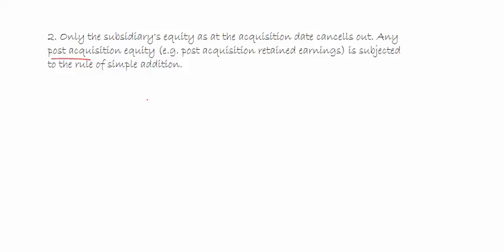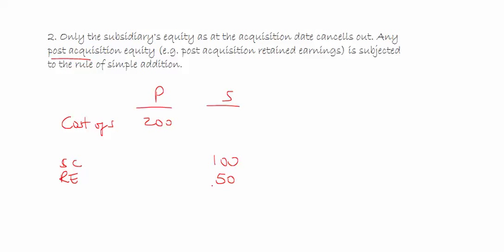It therefore means basically, if I have parent, I have subsidiary, then I'm told that the cost of the subsidiary is 200, and then on the subsidiary's books we have share capital of 100 and retained earnings of 50.